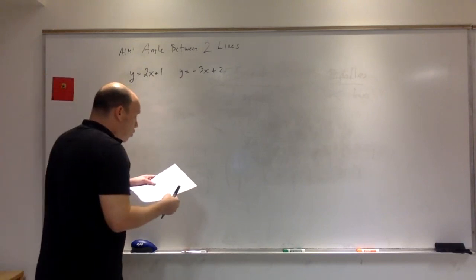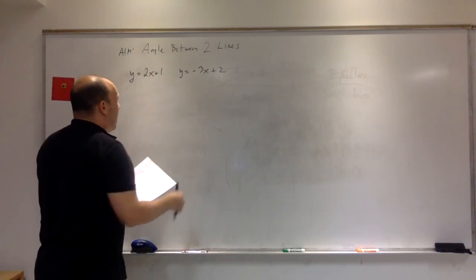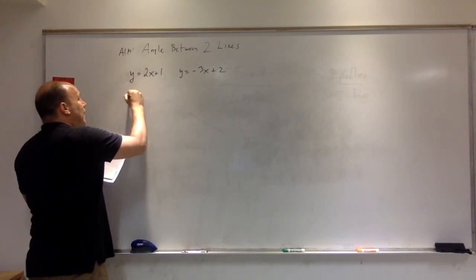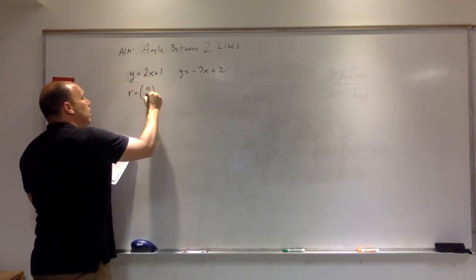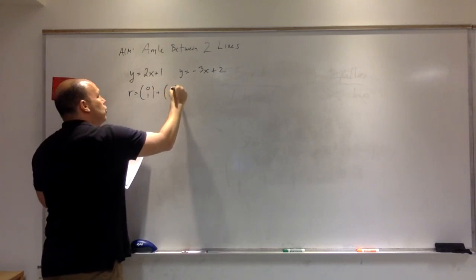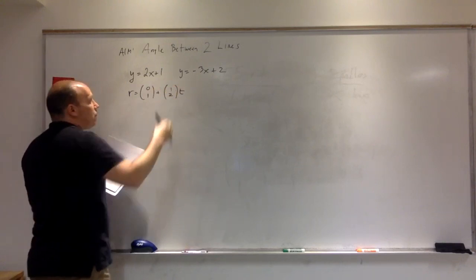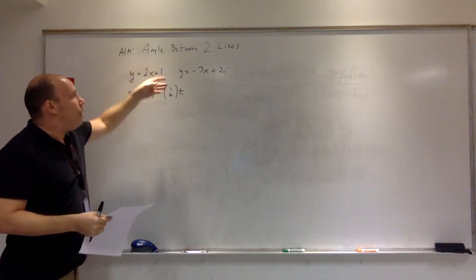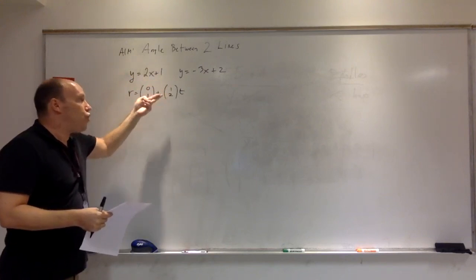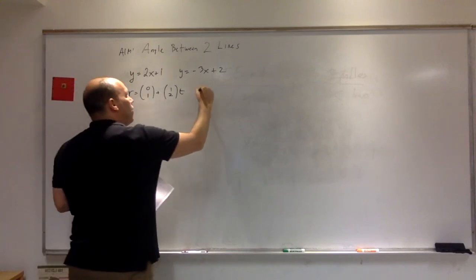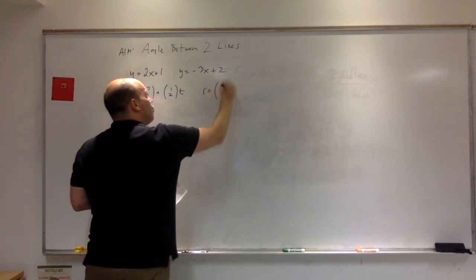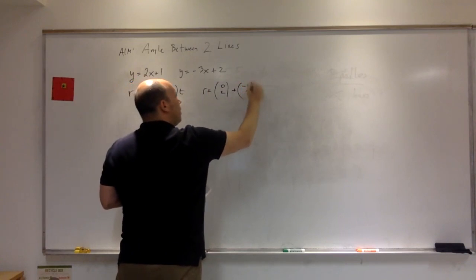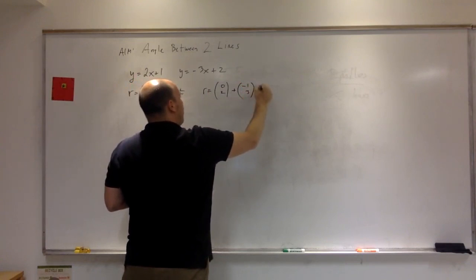First thing we're going to do is put this in vector form. So immediately I know this is (0, 1) plus t(1, 2), because the slope is 2 over 1, therefore the direction is (1, 2). And then this line over here is (0, 2) plus s(-1, 3).